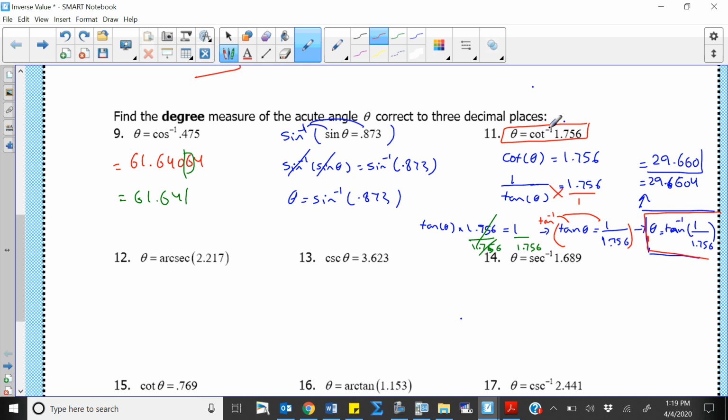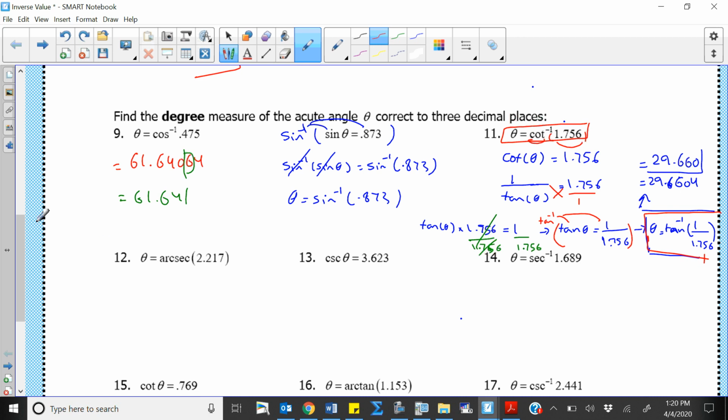So instead of cotangent negative 1, I'm going to write the reciprocal of that. And then the argument that I have here, 1.756, instead of writing this, I just write the reciprocal of that here. So all you need to do is to find the reciprocal of both terms that you have here, and then use your calculator.